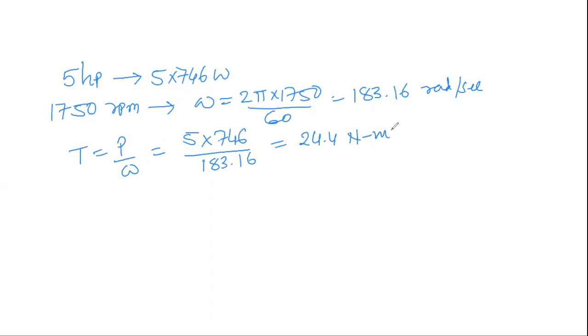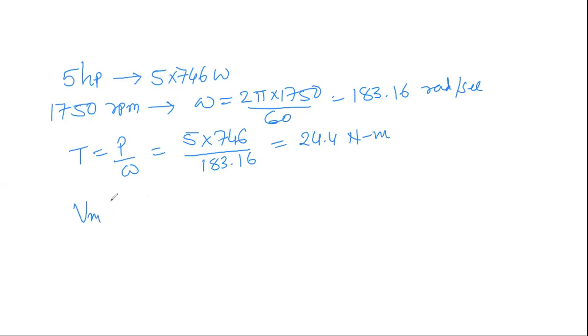So you know how much full load torque you can apply, and you know the motor always develops torque equal to the load torque, and this is the maximum rated load torque which you can apply.